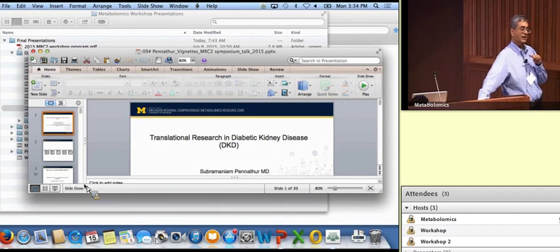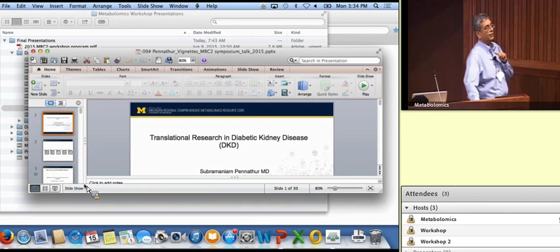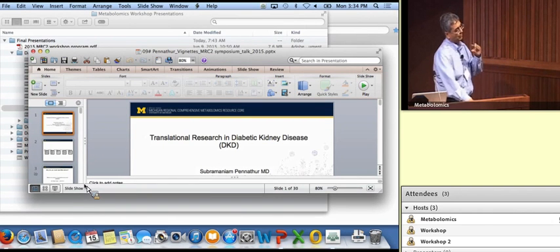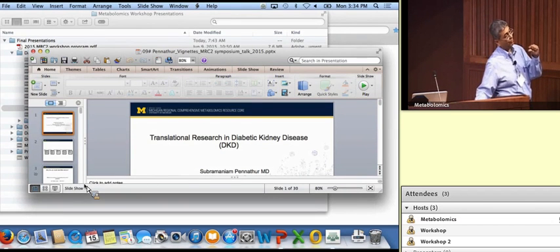Now, as far as the uremic toxins are concerned, we think it is related to early tubular dysfunction. As I said, the concentrations of these metabolites are still within the so-called normal range that has been reported. It is just at the higher end of normal, so the defects are quite subtle.